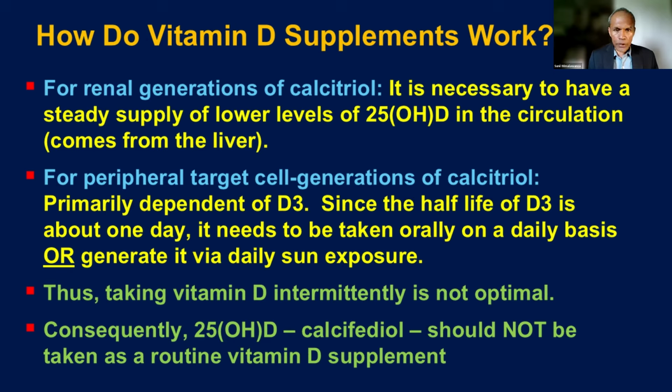And calcifediol, which is 25-hydroxyvitamin D, should not be taken as a routine vitamin D supplement because it does not provide the D3 benefit to peripheral target cells, and you will not develop a robust immune system with a small amount of 25-hydroxy D. Having said that, if you give larger doses like 250 micrograms, that will get into the immune cells and rapidly increase immune function within a few hours. If time permits, I will touch on that as well.